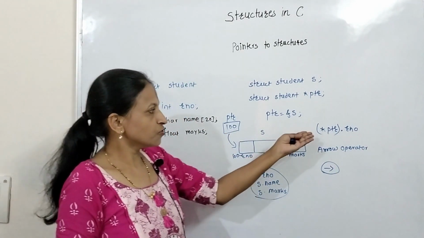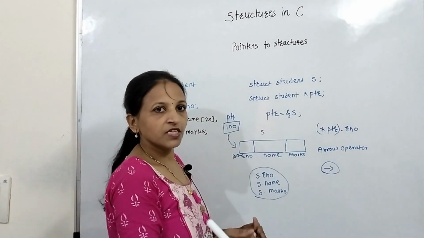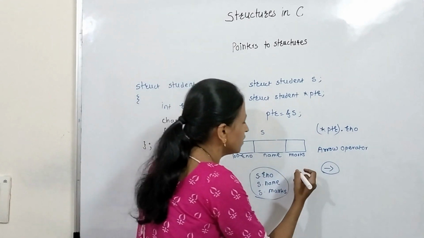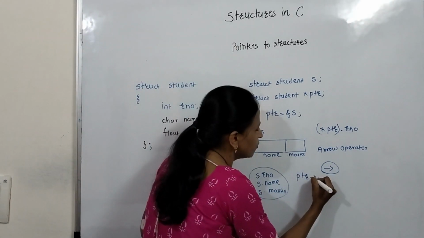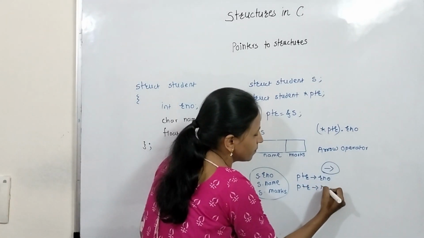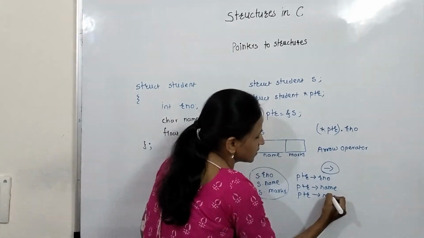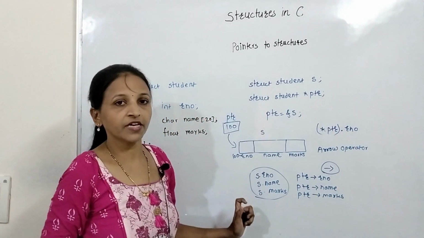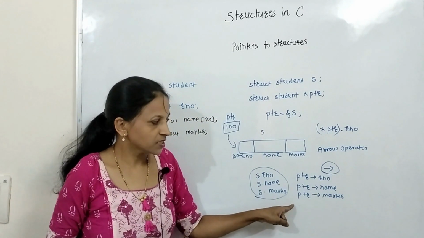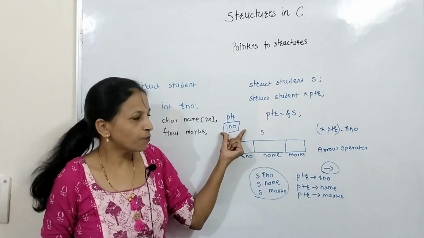Then there is no need to use that star. Getting? In this way we can write ptr->rno, ptr->name, and ptr->marks. In this way we can access individual members of that structure variable with the help of a pointer.